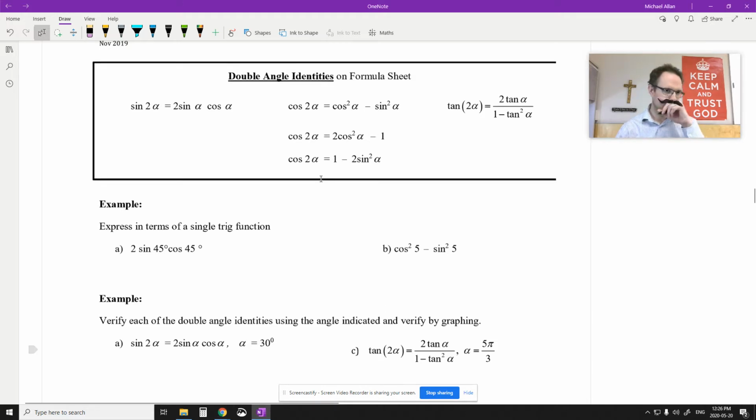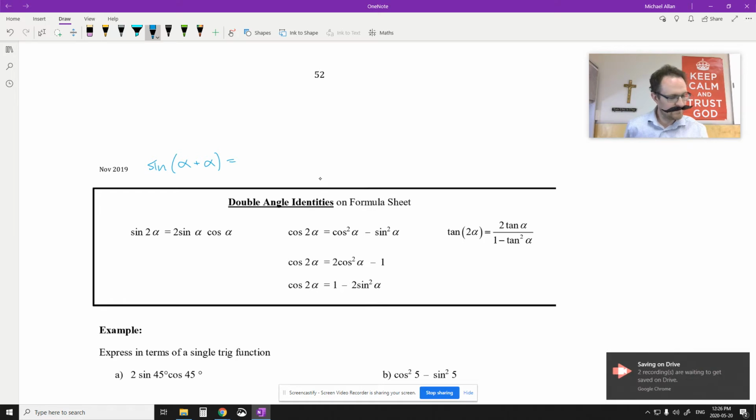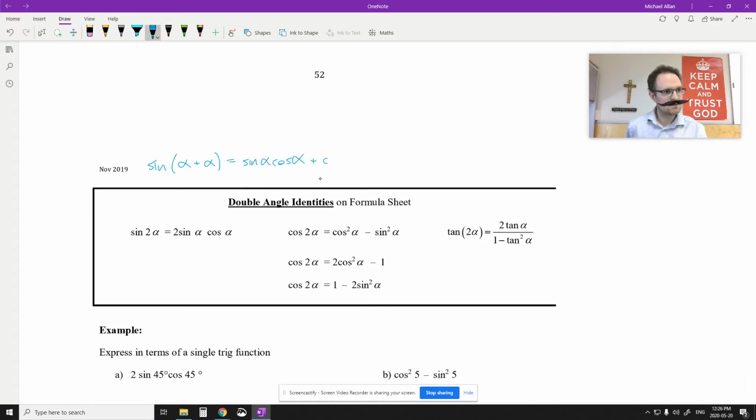Okay. So they're pretty easy to prove because what is sine 2a? Well, sine 2a is alpha plus alpha. So alpha and beta are the same thing. So if I go to the sum identity, which either you took for granted it was true, or you can go through my proof, and if A and B are the same thing, this would just be sine alpha cos alpha plus cos alpha sine alpha.